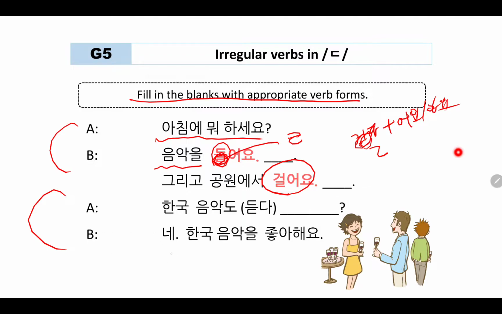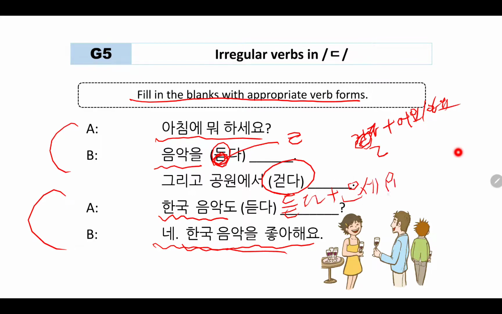So here, okay, next conversation. So B answered as 네, 한국 음악을 좋아해요. Yes, I like Korean music. Then you would have to ask first if you ever listen to Korean music, right? So how would you ask that? 한국 음악도 듣다 plus 으세요, right?